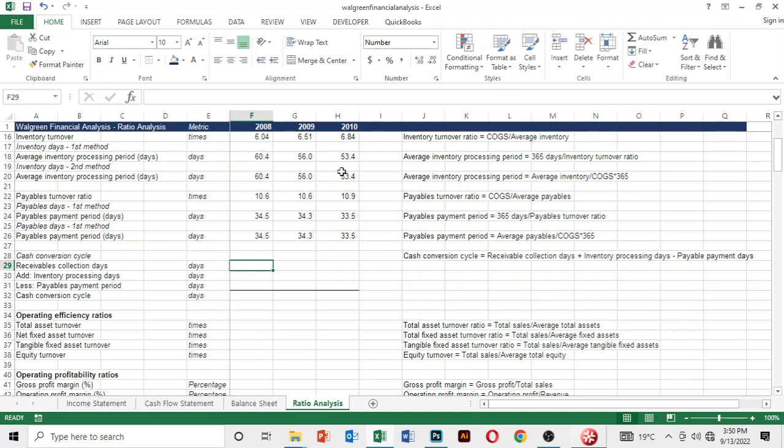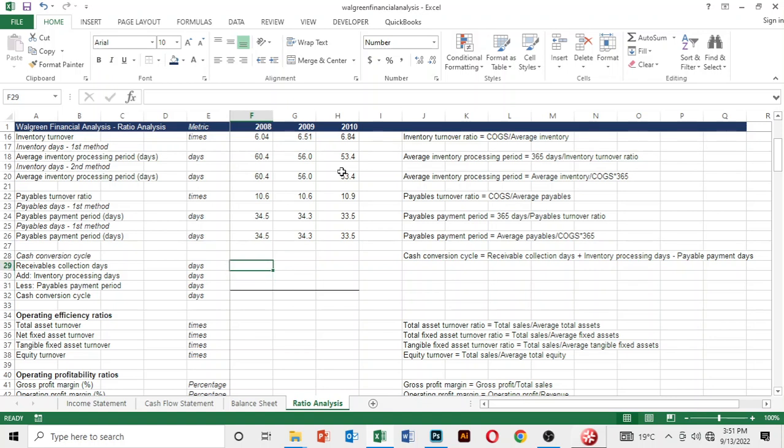So the basic idea here is to see how many days does a business operate without having to collect cash from its customers, and how many days does cash remain committed in inventory, things like that.